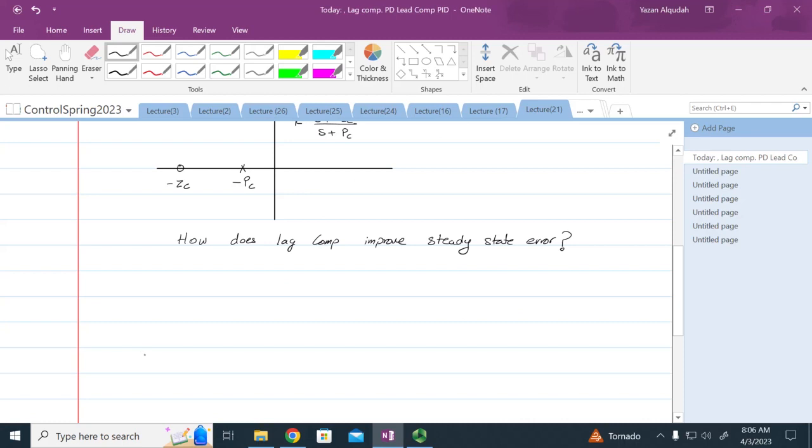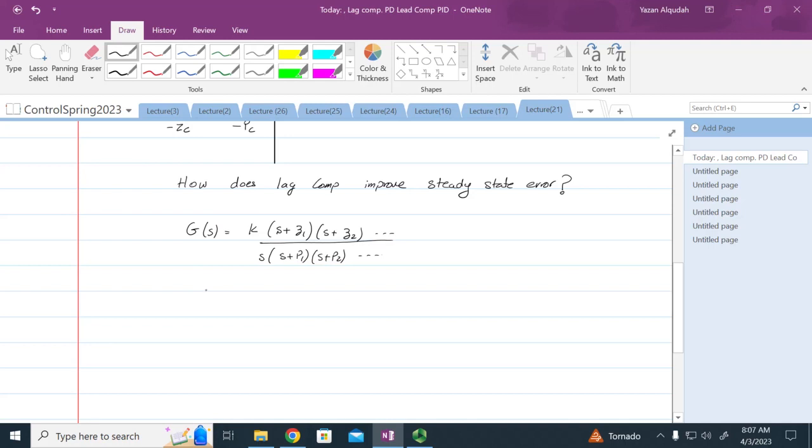To understand how it improves the steady state error, let's say that we have a plant, G of S, that is given by K multiplied by S plus Z1 multiplied by S plus Z2, etc., divided by S multiplied by S plus P1 multiplied by S plus P2, etc. So we have a system, G of S, that we're going to improve the steady state error for.